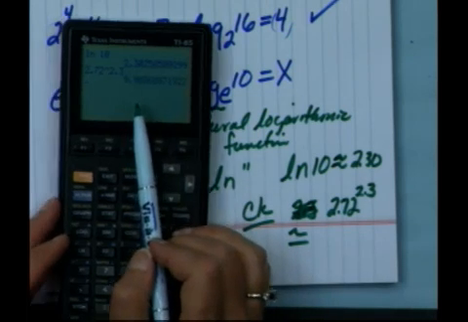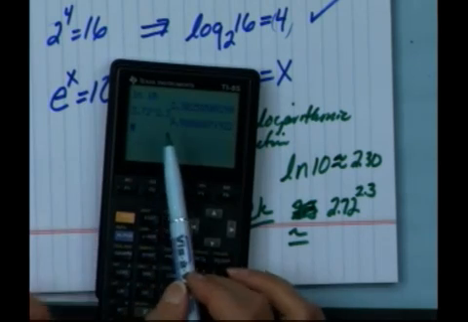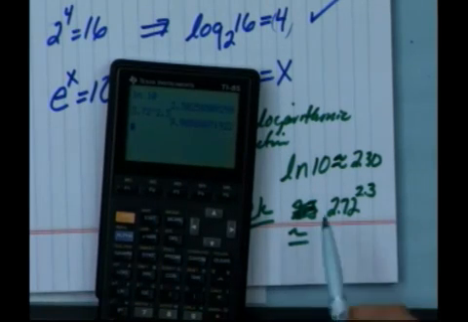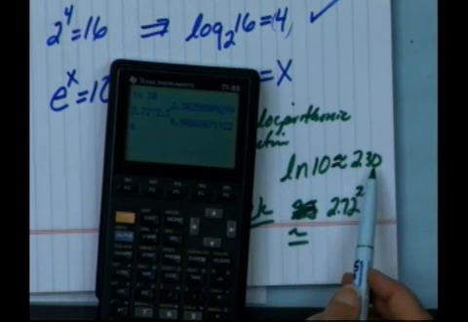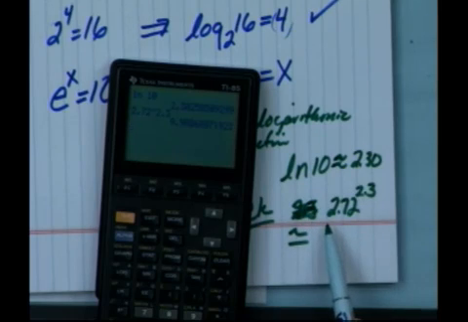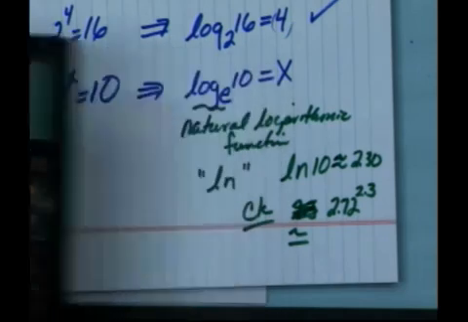Equals 9.9886. We did a lot of rounding there. But that was my little check to show you that the natural log of 10 is approximately 2.30, meaning e, which is about 2.72, raised to the 2.30 should give me pretty close to 10. Everybody good? All right, let's do another example.